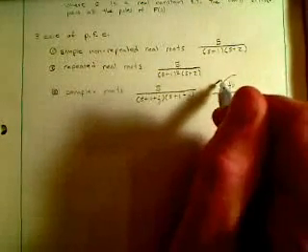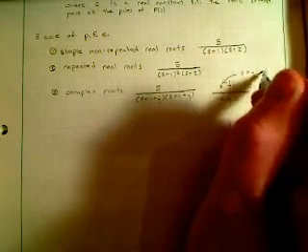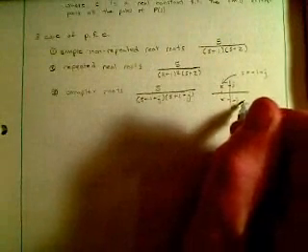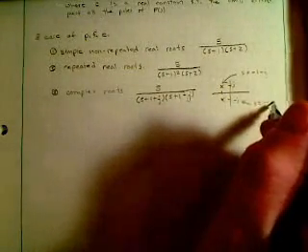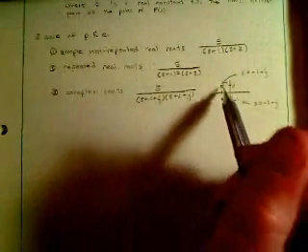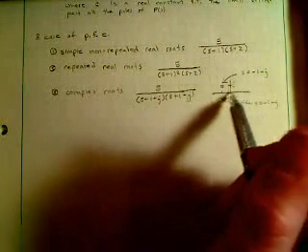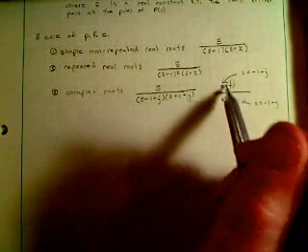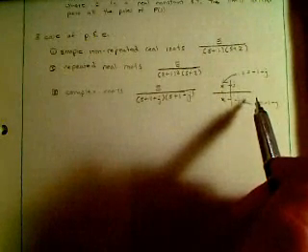So that root is at s equals -1 plus j, and that root is at s equals -1 minus j. So you'll always see poles and zeros, when they're not on the real axis, show up in a complex conjugate pair.